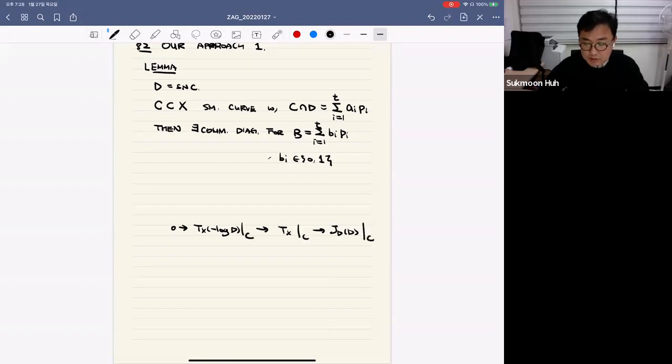Since D has simple normal crossing, the cokernel is nothing but the direct sum of the normal bundles of each irreducible component. And then we consider the tangent bundle of the curve C, and its cokernel is the normal bundle, right? If C intersects D transversely, we can have the following.